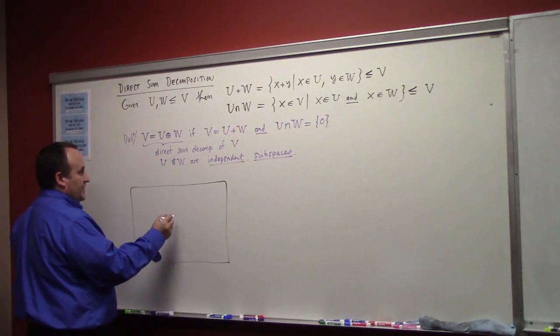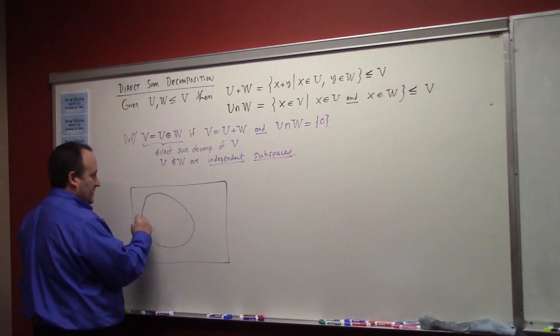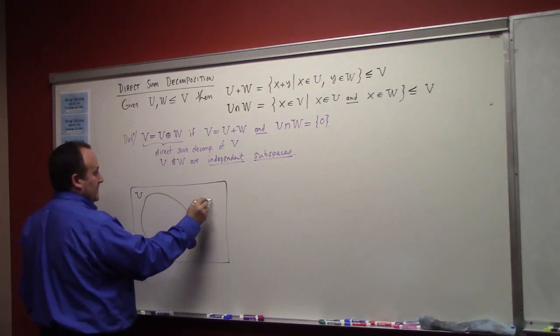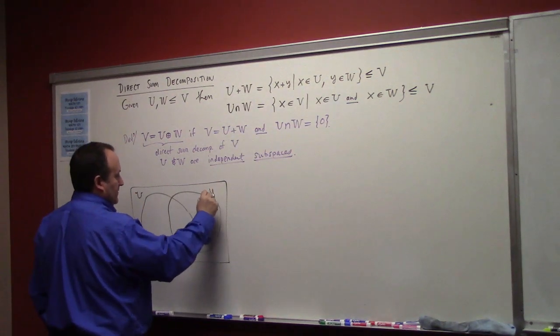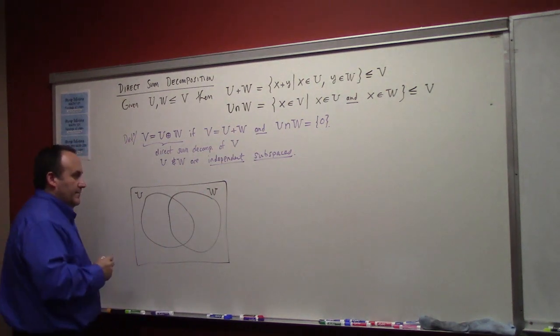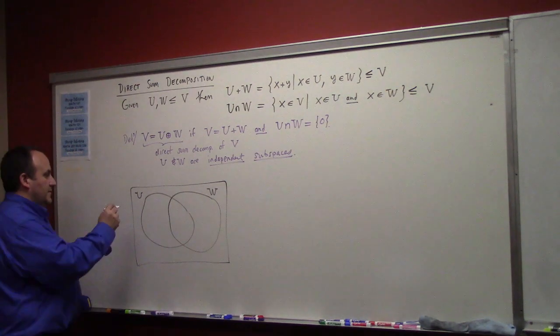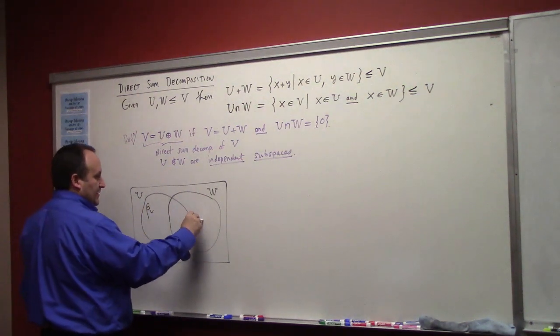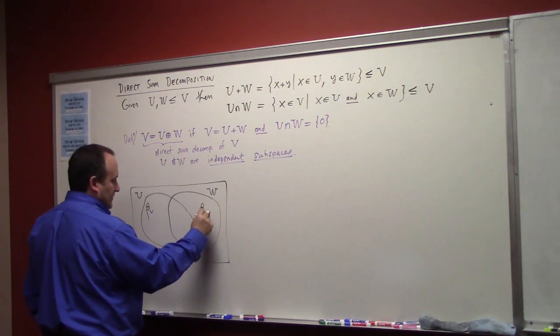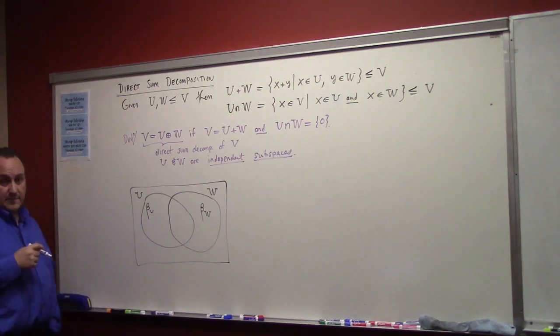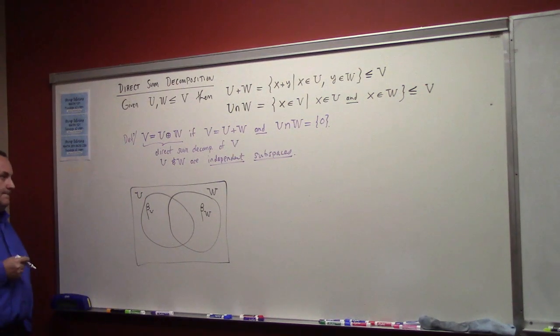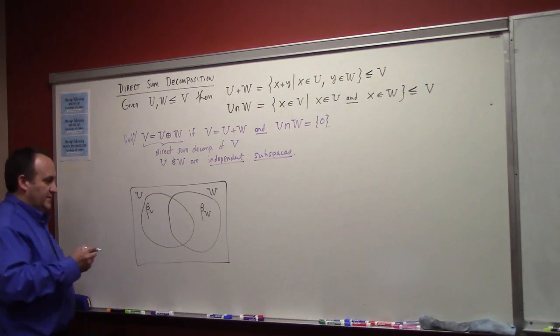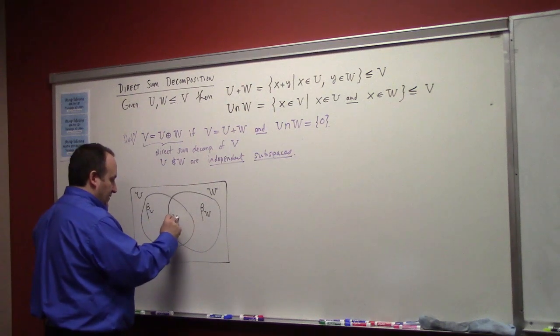If you were to draw a big picture, there's something like, here's U, here's W. And so I can talk about a basis for U, I can talk about a basis for W. And then of course there's U intersect W here.